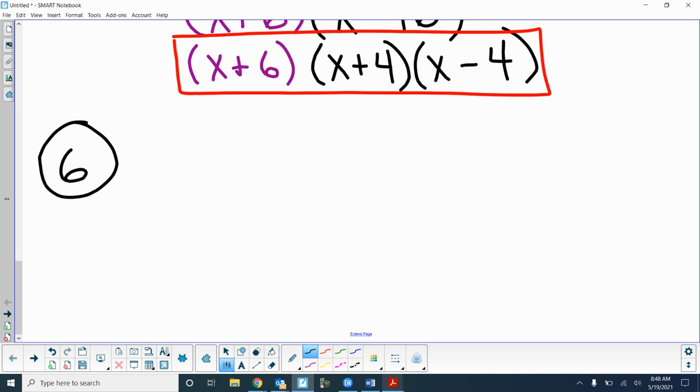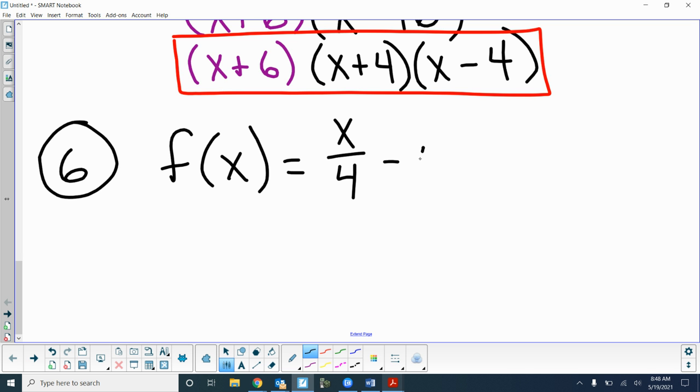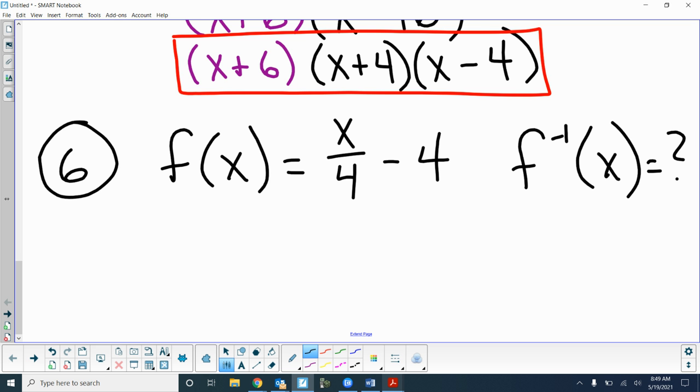All right, so we have a function for number 6. And we're looking for the inverse, right? We're looking for this answer. Okay, anybody remember what we did?